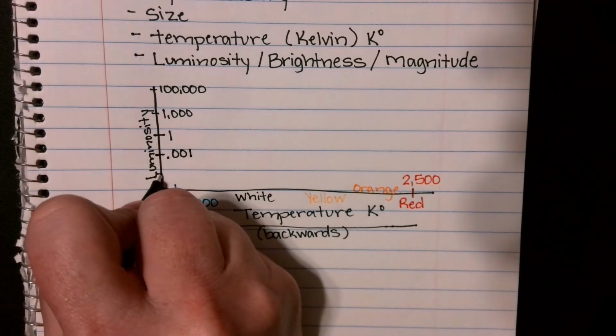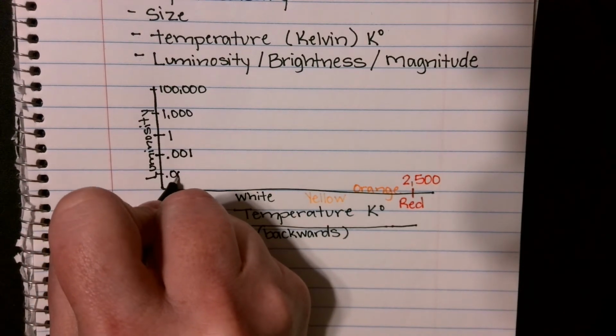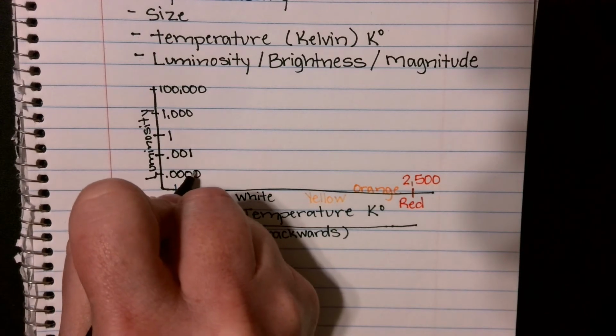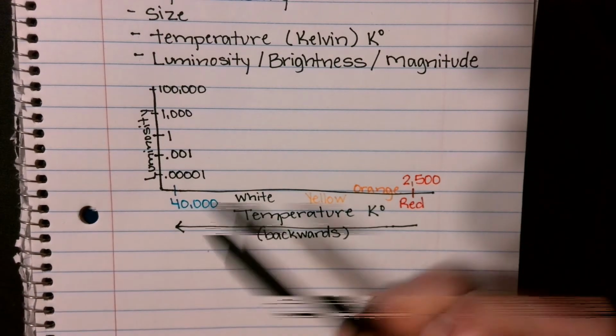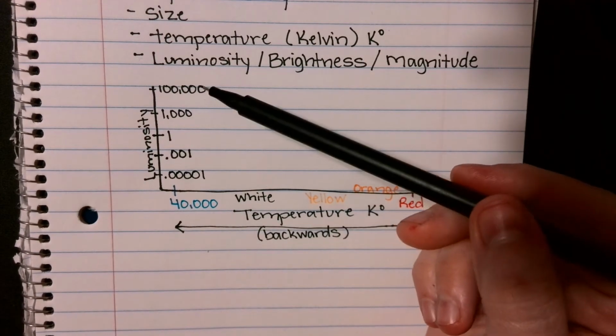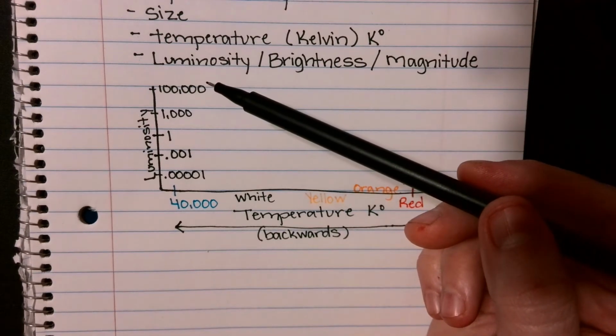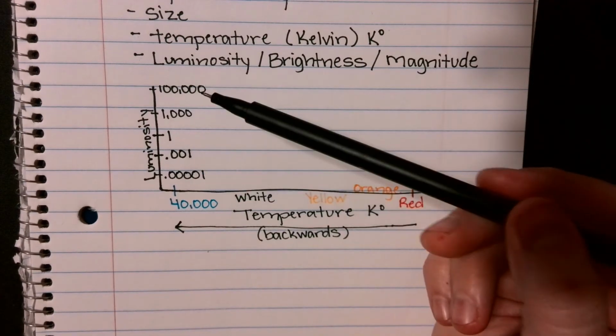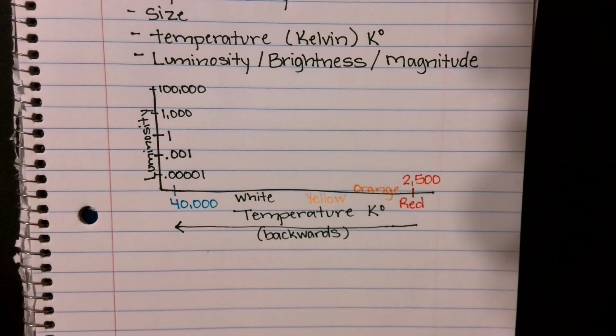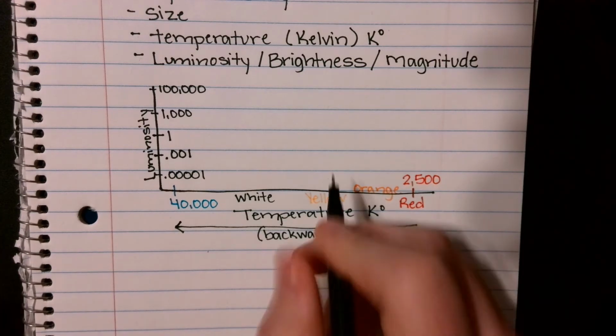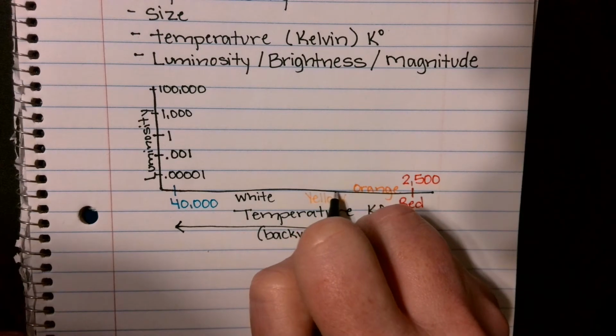The next might be 0.00001, which would be 100,000ths less bright than our sun. So think of these as inverse numbers. Okay, so when we're looking at this, let's place our sun on this diagram. So our sun sits at approximately 6,000 degrees.